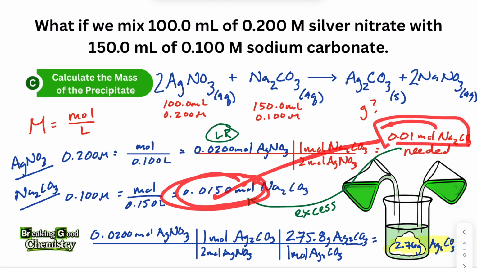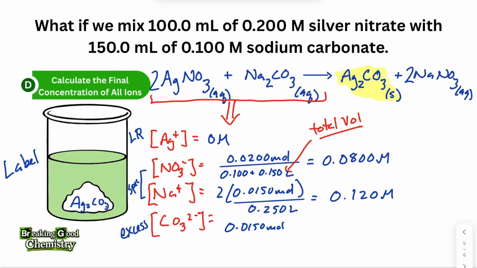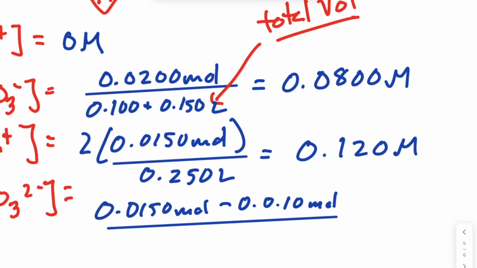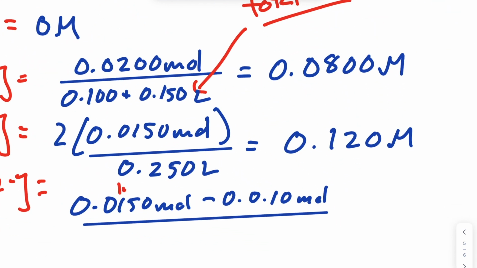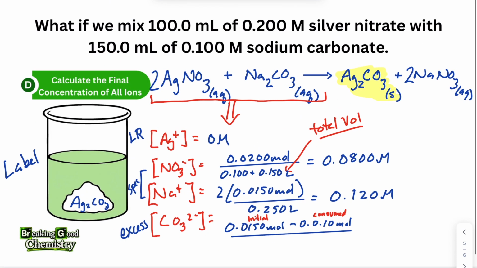Start, my initial, my final. So I'm going to subtract what would be consumed if all of the silver was used up. So if I were going to zoom in on this, this is my initial, and this is my consumed. And then I put that over my overall volume. Once again, it's all the same volumes. And those are my final concentrations.